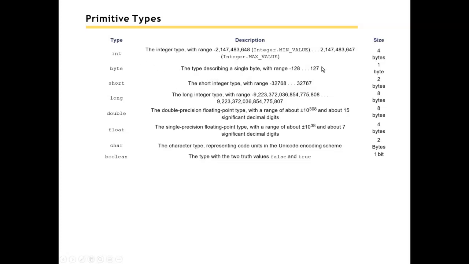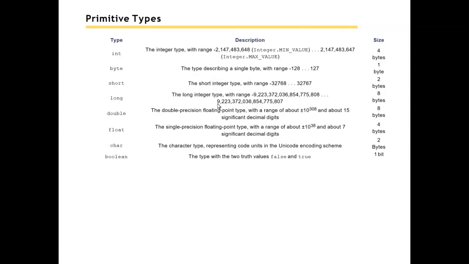You've got integers: a byte, which is just a tiny integer, short, which is a 16-bit integer, long, which is a 32-bit integer, or 8 bytes, or I'm sorry, it's a 64-bit integer. You got double, which is floating point, and float, which is a single precision floating point.